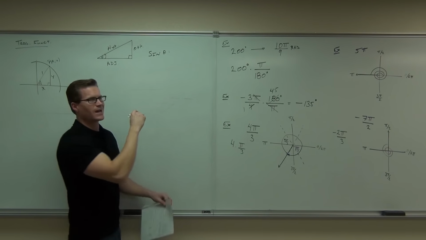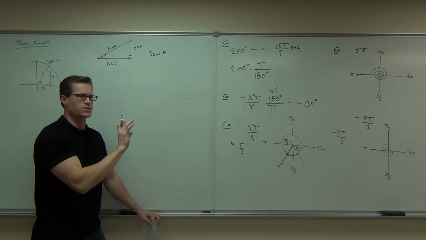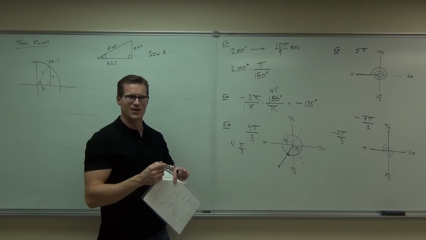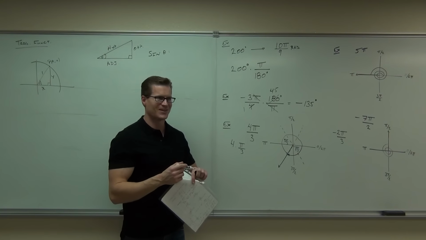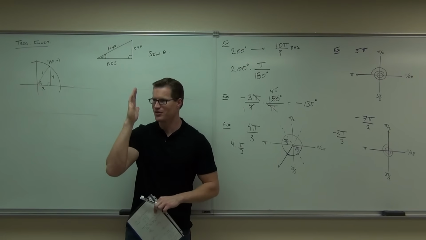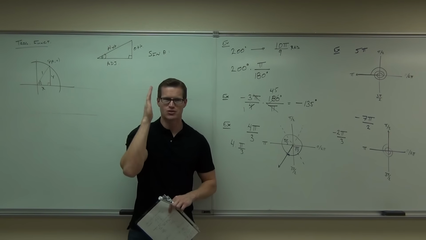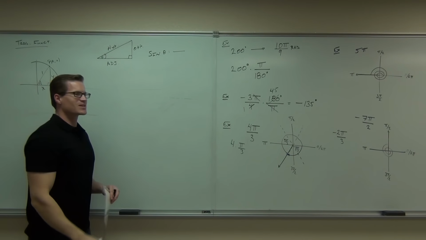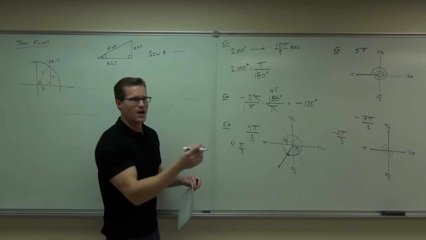Let's review. What is sine exactly? It's a relationship between which two sides? Good. Have you ever heard of Chief Soka-Toa? No? Maybe in high school. Chief Soka-Toa, he asks you if you get this wrong. Soka-Toa says sine is opposite over hypotenuse.